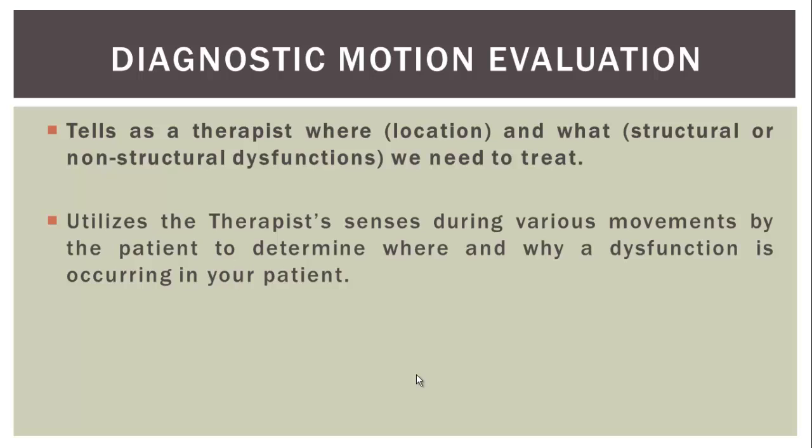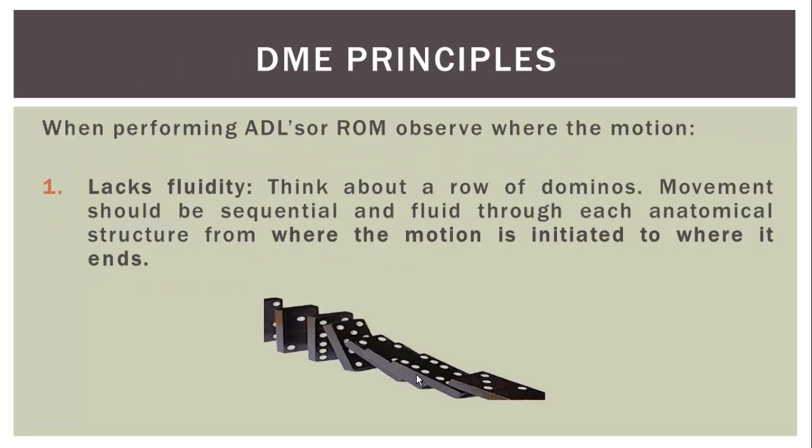When we're doing diagnostic motion evaluation, the therapist will utilize their senses during various body motions by the patient to determine where and why a dysfunction is occurring in your patient. The principles of diagnostic motion evaluation include the following.